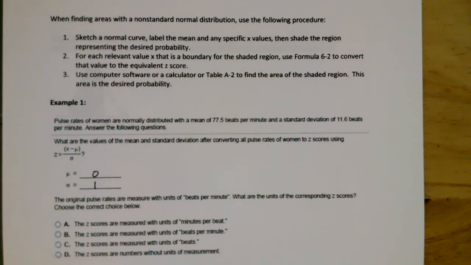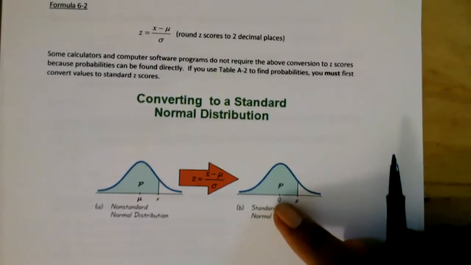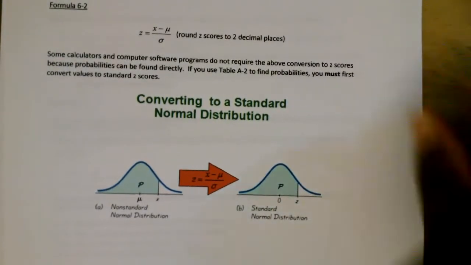That's how you'll answer that question. Because after you convert those pulse rates to a corresponding z value, then that means using the standard normal distribution, your mean is going to be 0. That's the center of the data. The standard deviation will be 1.